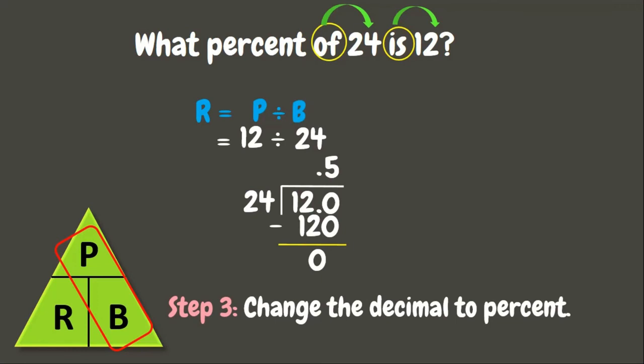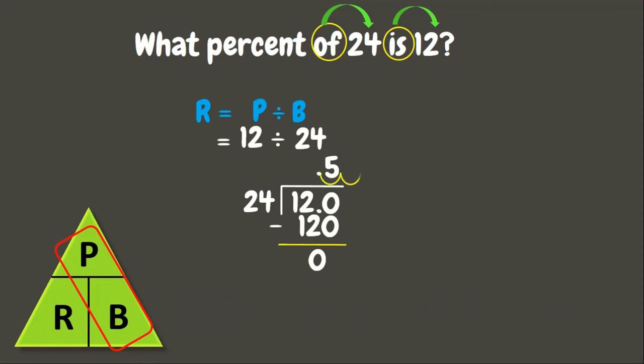Here, to change decimal to percent, we are going to move the decimal point 2 times to the right. 1, 2. Since there is a missing place value, let's put 0. Now let us change the decimal point to a percent sign. Now our answer is 50%. This means that 50% of 24 is 12.